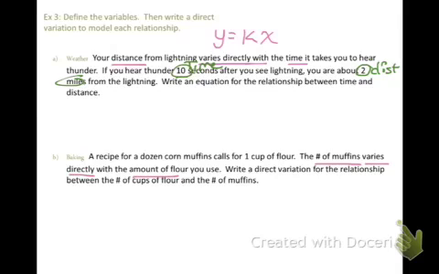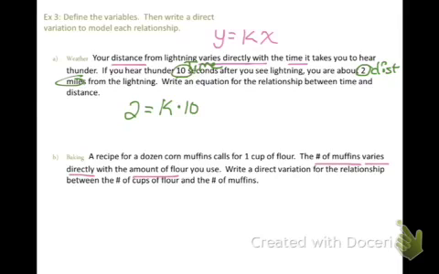So, I have distance varies directly. So distance is 2 miles. Varies directly with time. So time is 10 seconds. So I need to find K first.